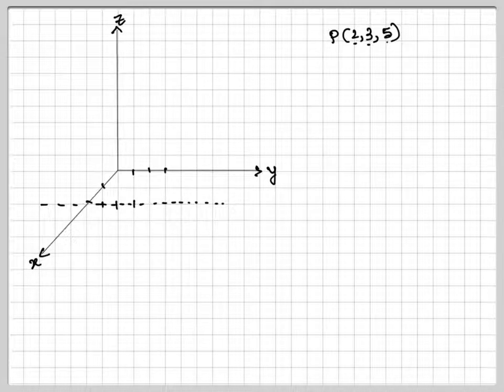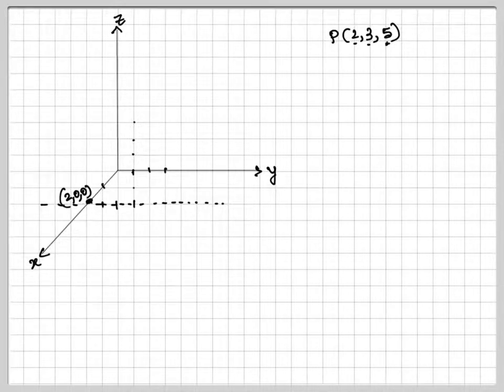Now we are going from the point (2, 0, 0), the point on the x-axis, in the direction of the y-axis through 3 units. And then we move above 5 units along the positive z-axis, that's 1, 2, 3, 4, 5. So the first point that we took is (2, 0, 0).